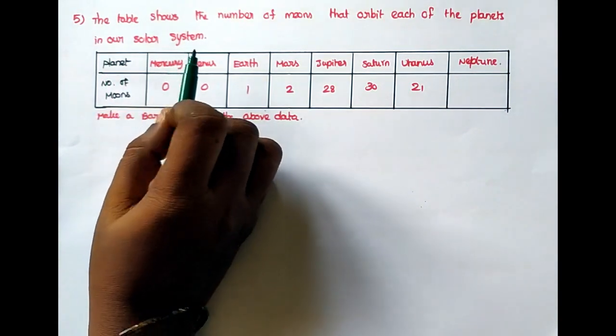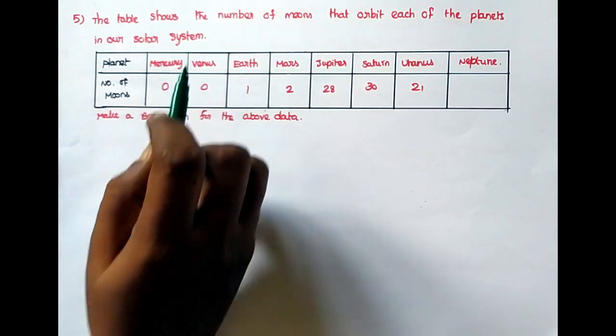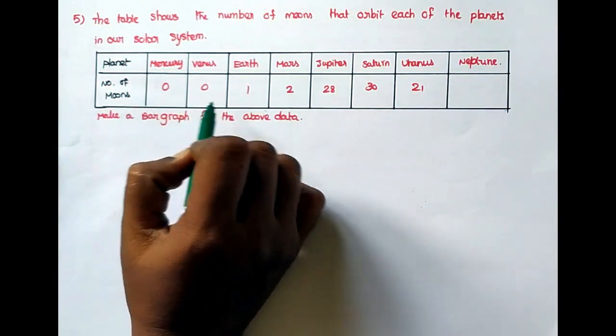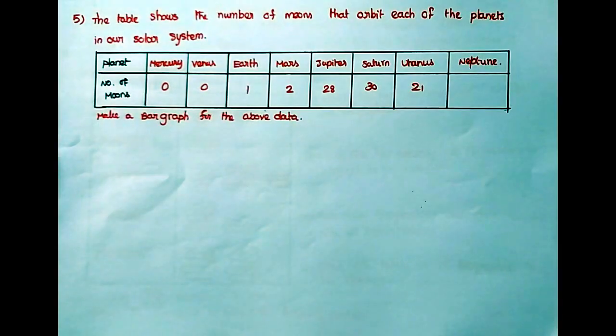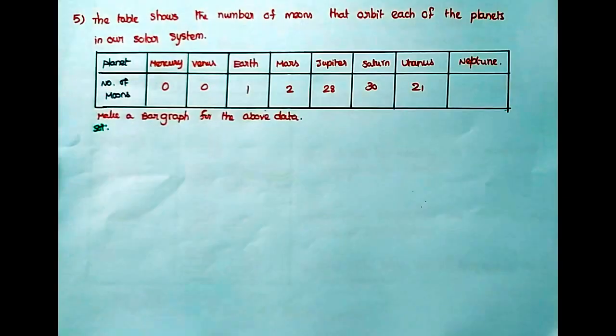Fifth sum, the table shows the number of moons that orbit each of the planets in our solar system. Planets and the number of moons are given. Make a bar graph for the above data. Now we have to make the bar graph.